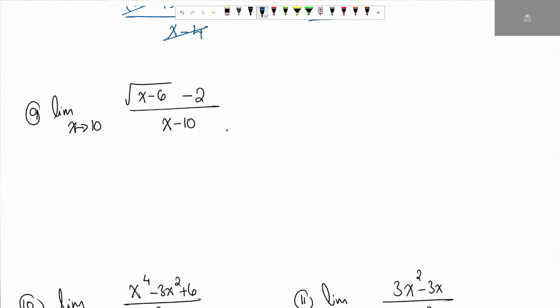Number 9, because here there is a root, that's what we call the rationalization type, where we multiply first by the same exact part that has the root, but its conjugate.